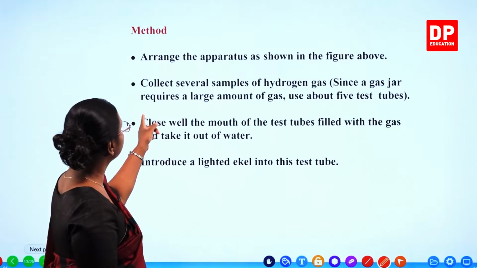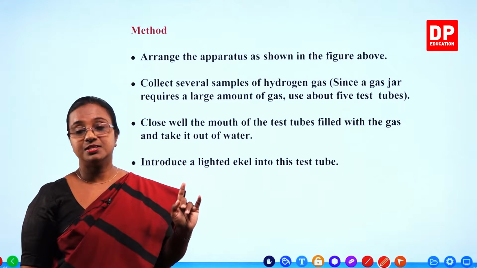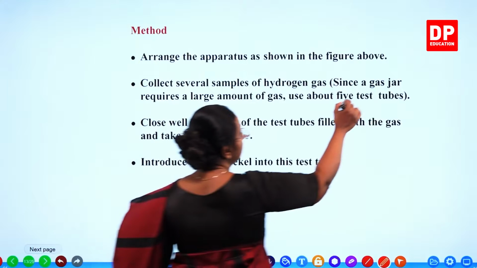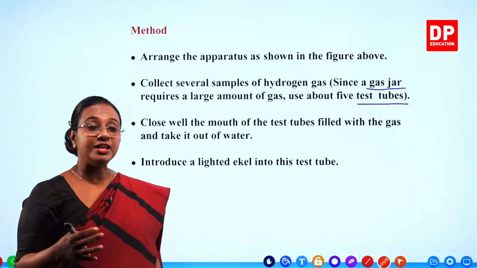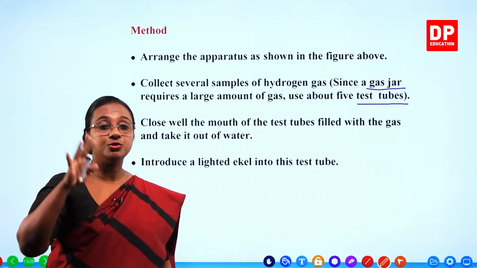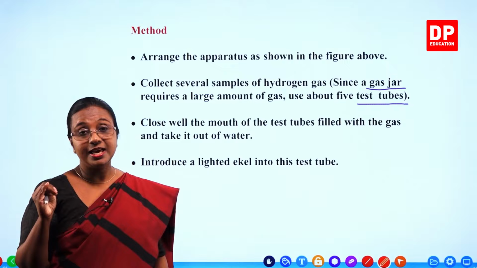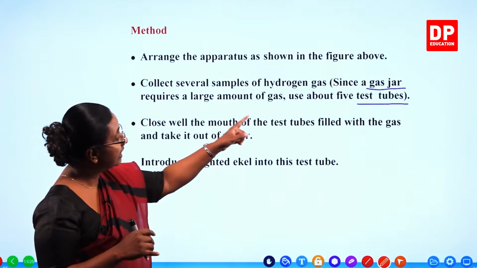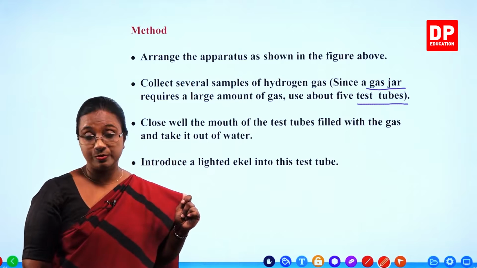Since a gas jar requires a large amount of gas, you can use about 5 test tubes. So instead of a gas jar, we can also use test tubes. Or we can use the gas jar to observe how the downward displacement of water takes place, and then we can collect some gas into test tubes as well.